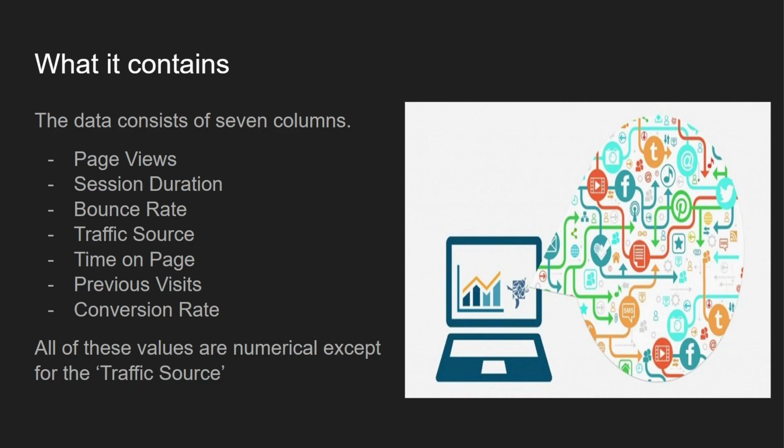Everything else was numerical, the conversion rate being the dependent variable, the output, on a scale of 0 to 1, which I imagine was a percentage of how often those statistics led to the desired behavior with the website, the desired interaction.